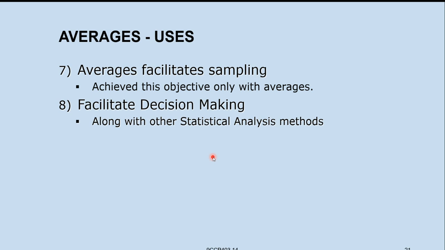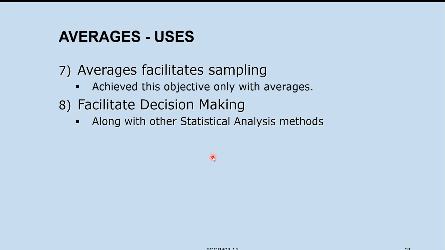Of course, if we use computers or calculators, machines, we can easily calculate them. But manually calculating is difficult. So this sampling will help us to calculate the average or to calculate the best value for the data.